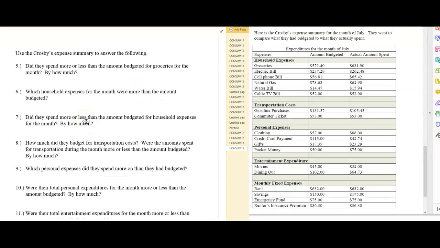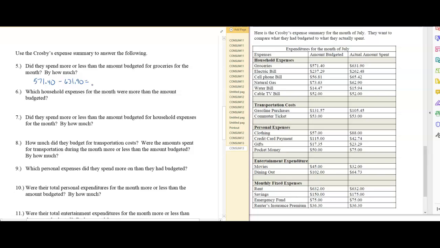So when we look at the Crosby expense summary to determine their budget, right? Number 5 says, did they spend more or less money, right, on the amount budgeted for groceries? If so, how much? Well, they budgeted $571.40. Subtract, they actually spent $631.90.